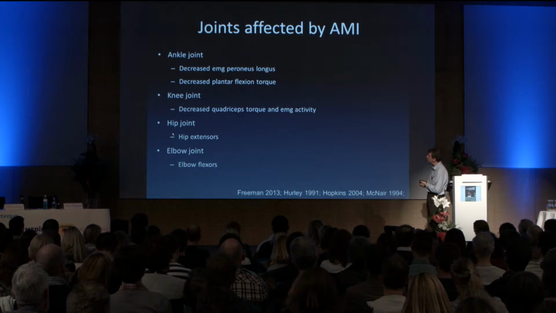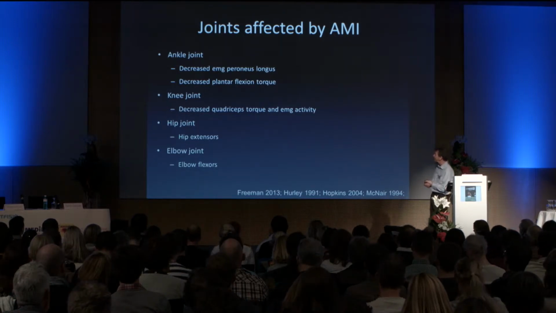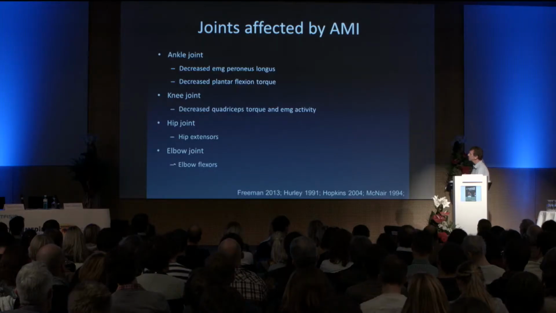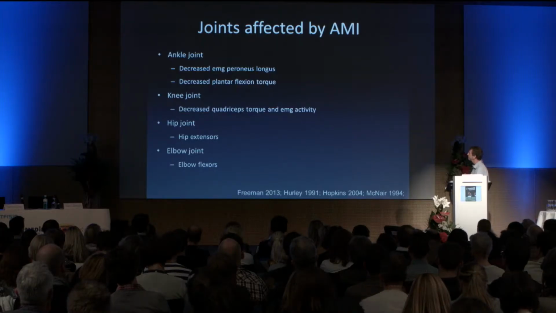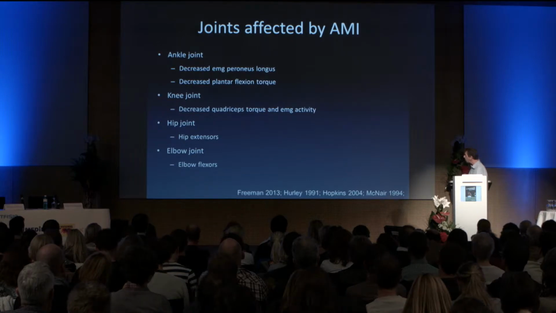At the hip joint, the hip extensors have been shown to be affected, and even if we look into the upper limb, there's work which shows that this inhibition as a result of joint damage can occur to the elbow flexors. So all of the joints, the key joints that are related to shock absorption and function within the lower limb during gait activities are affected by this.